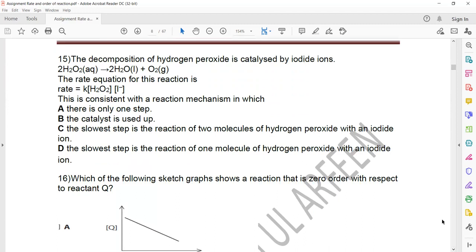The decomposition of hydrogen peroxide is catalyzed by iodide. You can clearly see the original overall equation and the rate equation. The overall equation does not involve iodide, but the rate equation involves iodide. So what can we say about this? Should be C, I think.